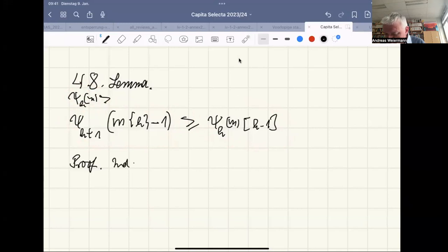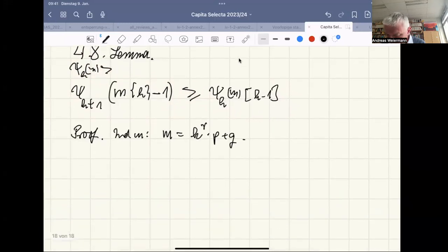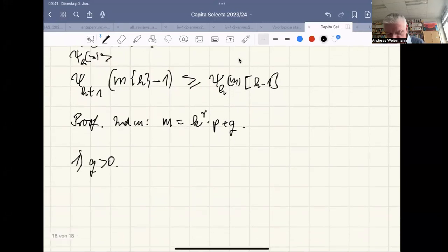Induction on m as usual, and assume m has the form k to the r times p plus q. There are three cases. First case is q is bigger than 0. What can we say? Well, we do induction on the number m.